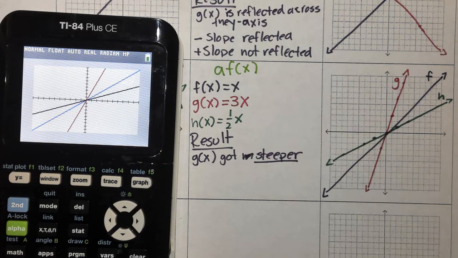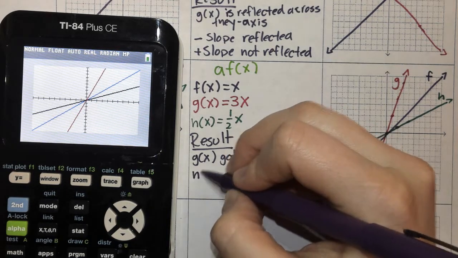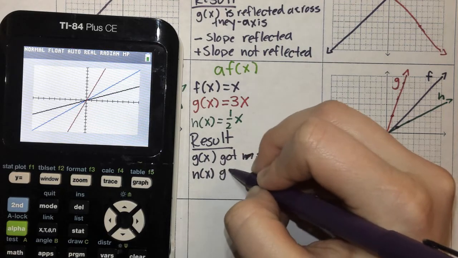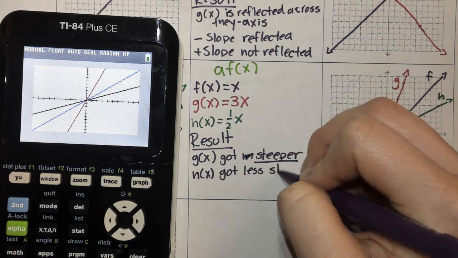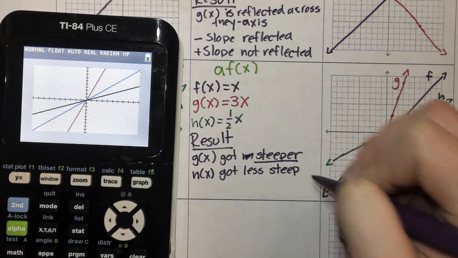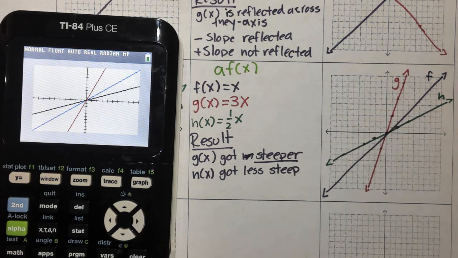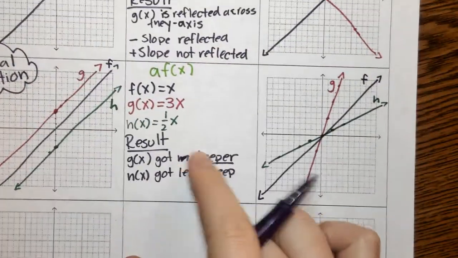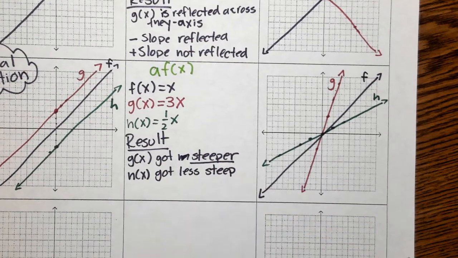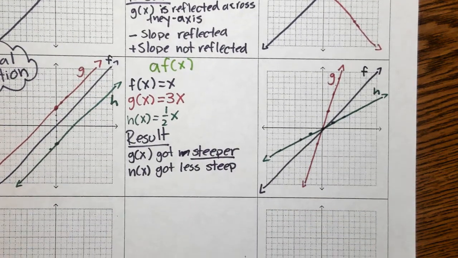We're going to use steep to talk about changing the slope. h of x got less steep. And remember, that's compared to the parent function. Compared to the parent function, g of x got steeper, h of x got less steep.